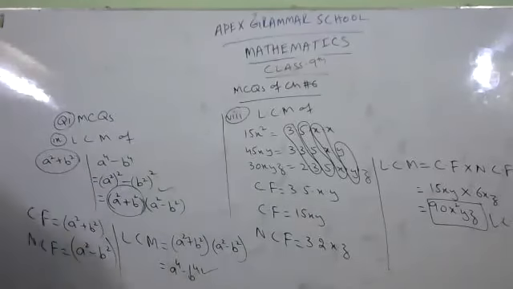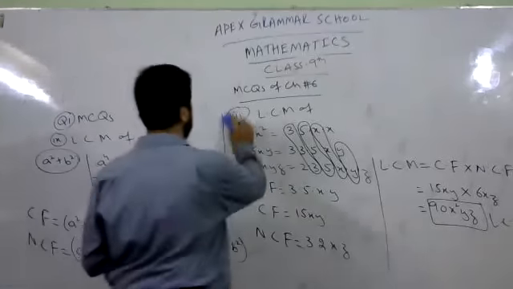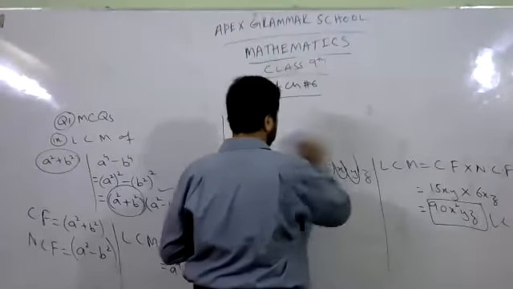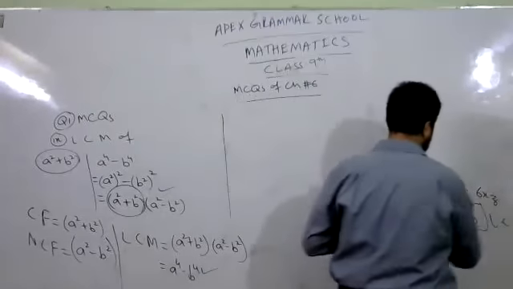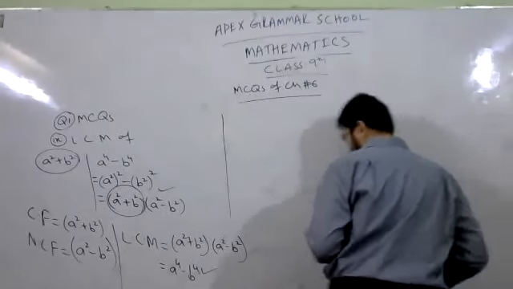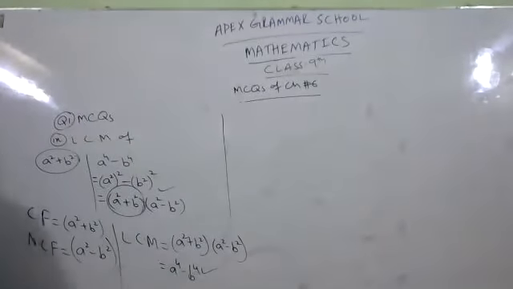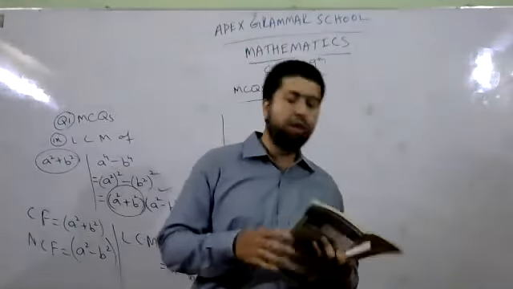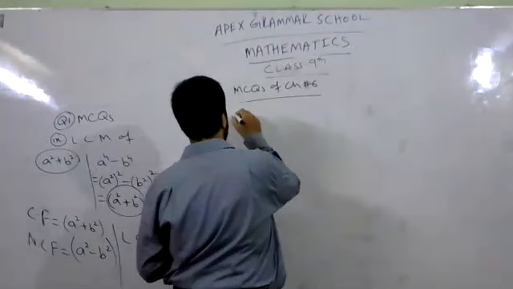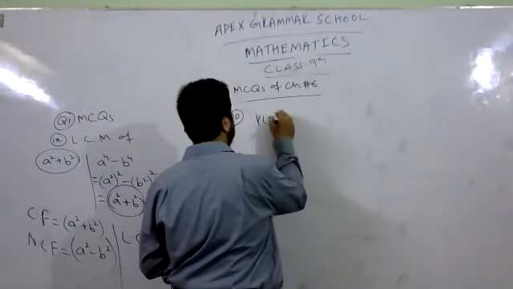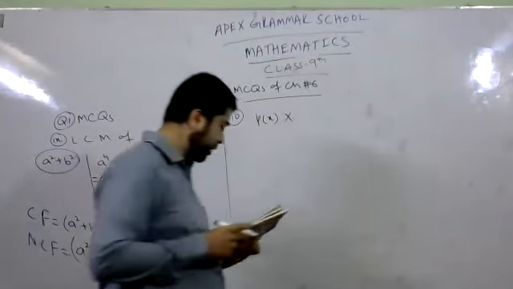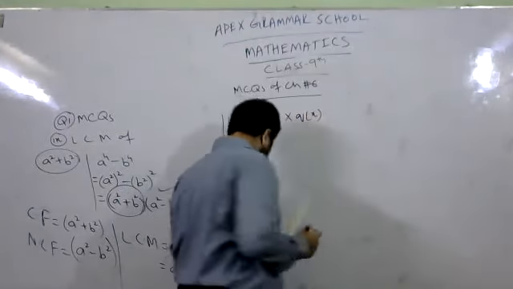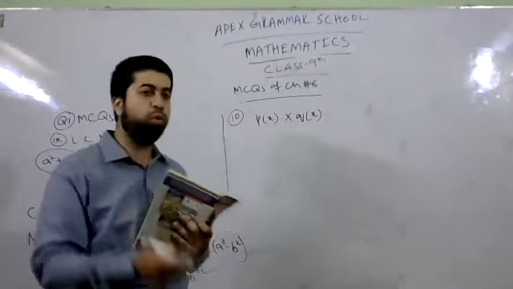So the last MCQ is a statement-like question. The product of two algebraic expressions, the first algebraic expression, you can say P of x, multiplied with another algebraic expression Q of x. This product is equal to what?